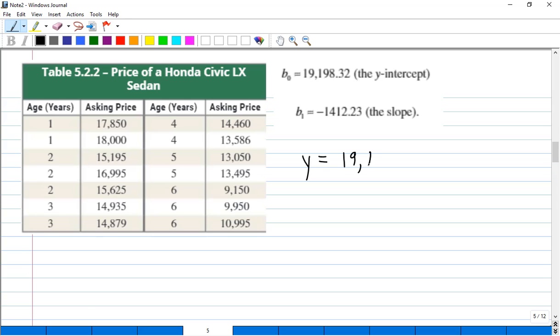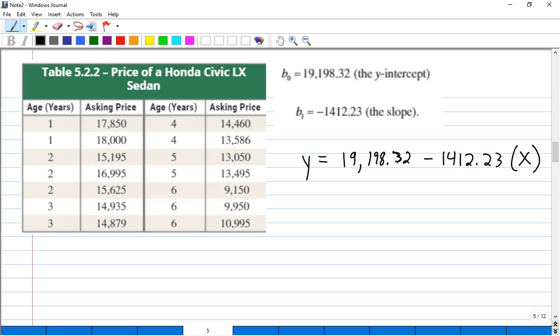So $19,198.32 minus, because that's a negative slope, which makes sense because if x is the number of years, each year should make the price go down more. All right.